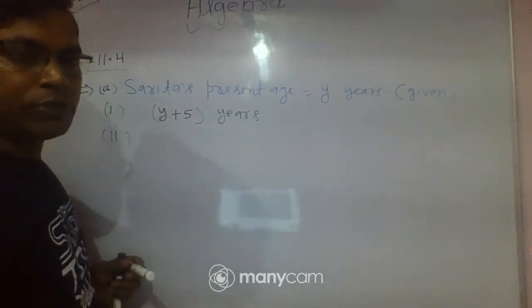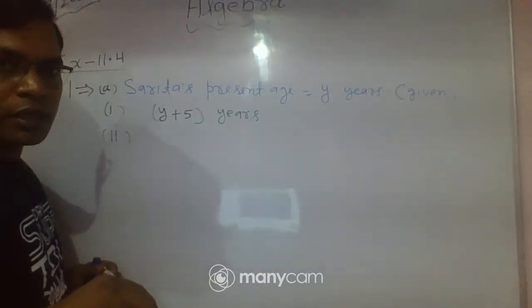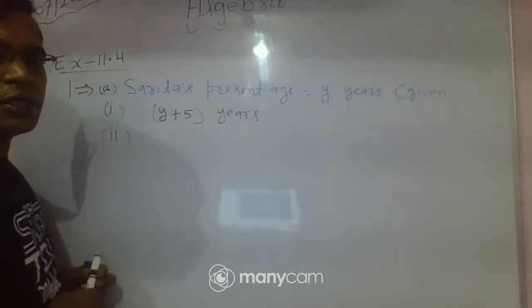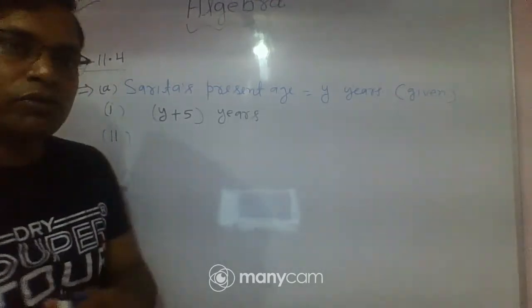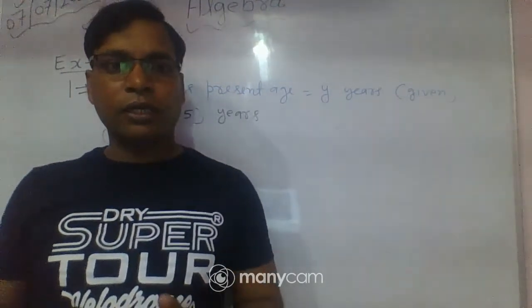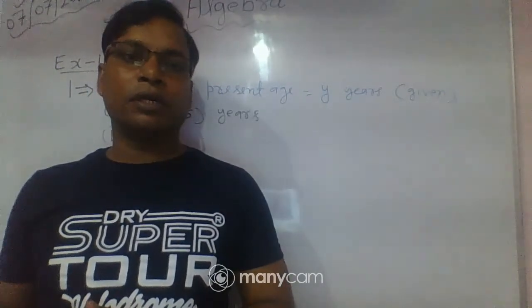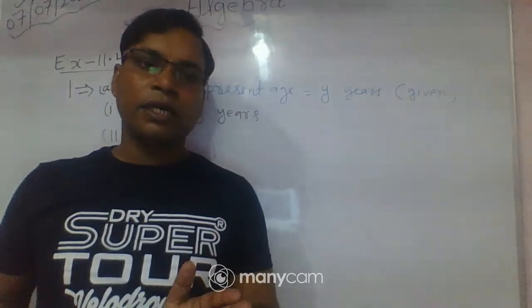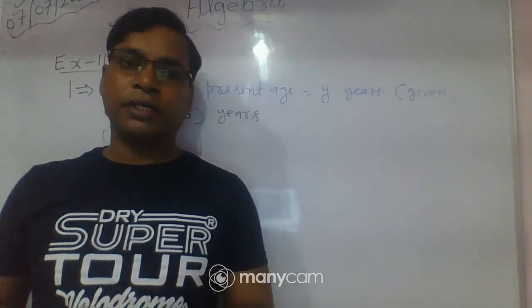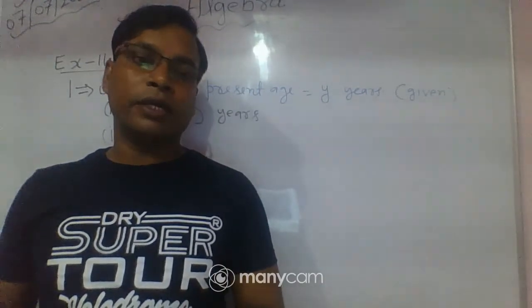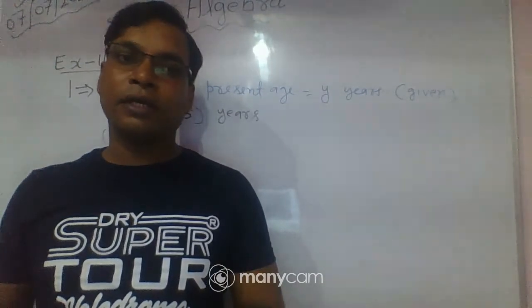3 years back means before 3 years. Suppose at present you are 11 years old. Before 3 years, how many years old were you? You subtract 3 from 11 and get 8 years. And after 3 years, 11 plus 3, 14 years.